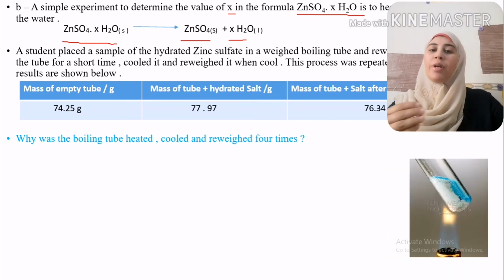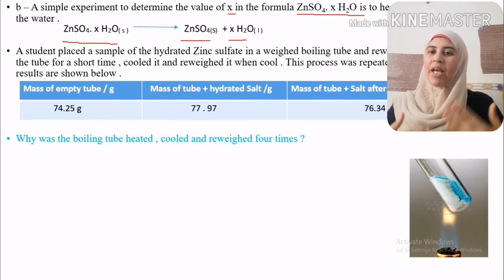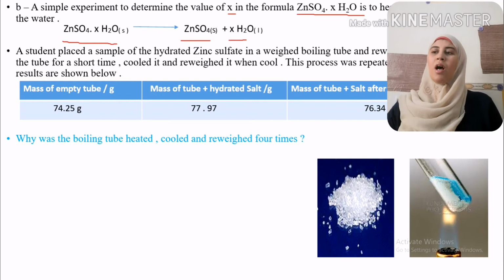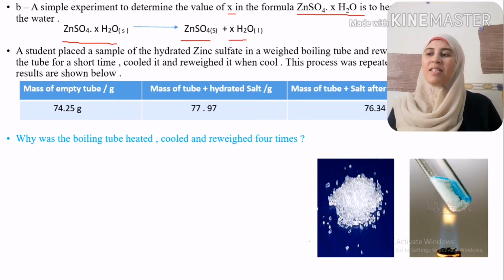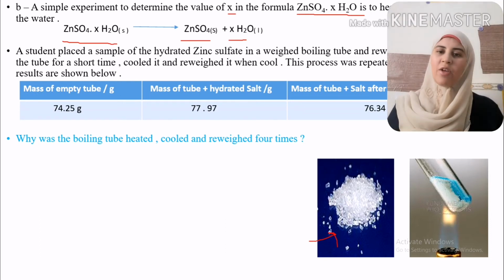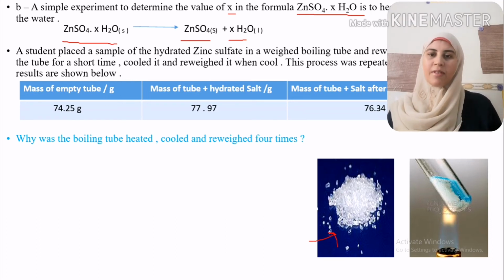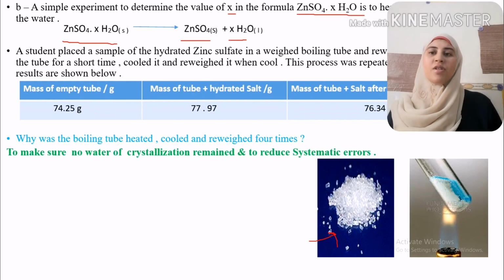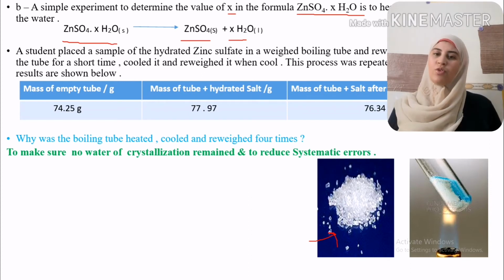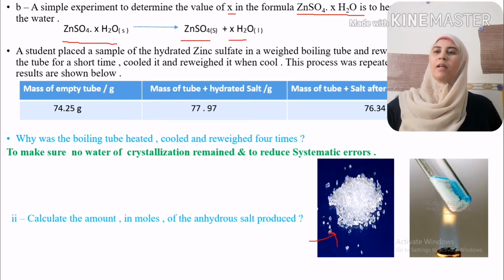So we need to repeat the heating more than one time, as the zinc sulfate crystals keep the same shape. So we need to be more accurate in our experiment. The answer: to be sure no water of crystallization remained, and to reduce the error. Do you understand it? The next one.